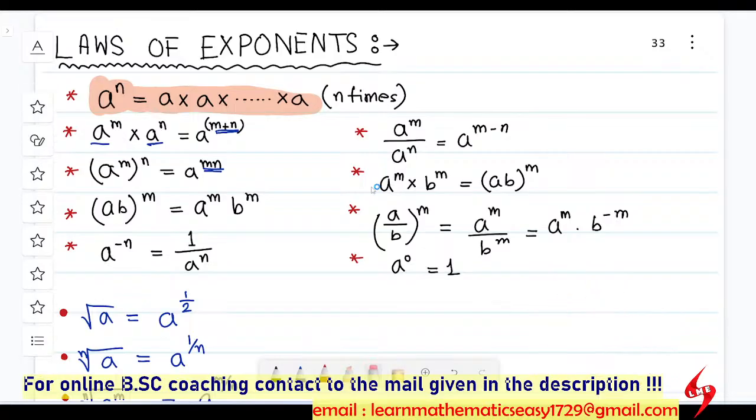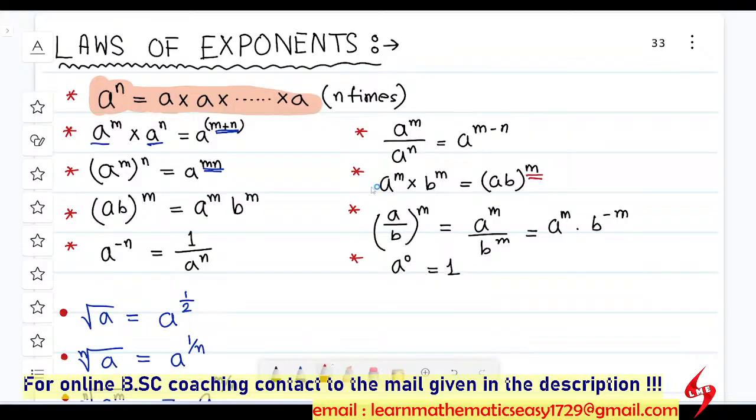Now these are all my formulas here. a to the power m by a to the power n: if I am dividing with the same bases, then the powers will be subtracted. And a to the power m into b to the power m, I can take the power m common, so it will be ab whole to the power m.